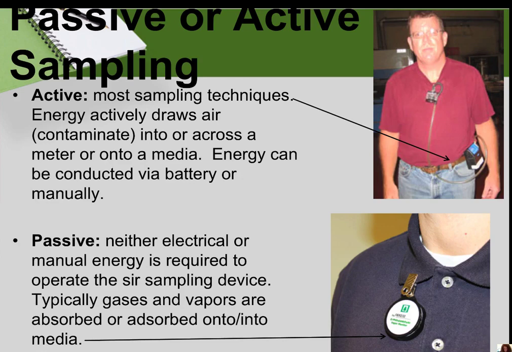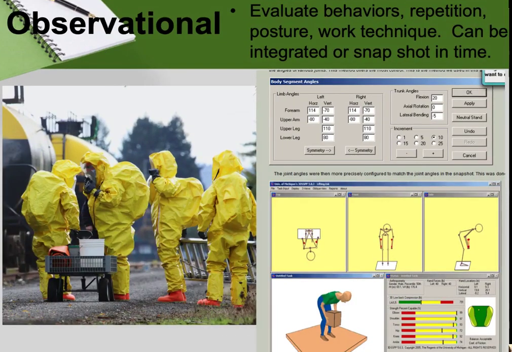Versus passive. Passive sampling is neither electrical or manual. The only air movement that is required is that it's on the outside of a person's clothing, and it isn't impeded by air movement. So, for example, putting it under a hoodie wouldn't work. But this is passive sampling, and this is active sampling with our pump.